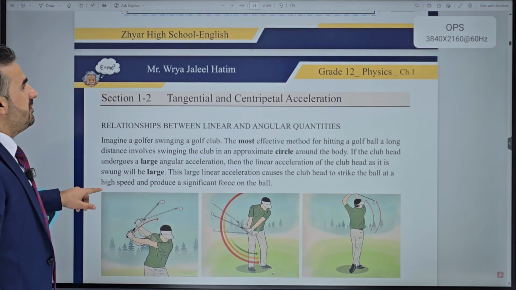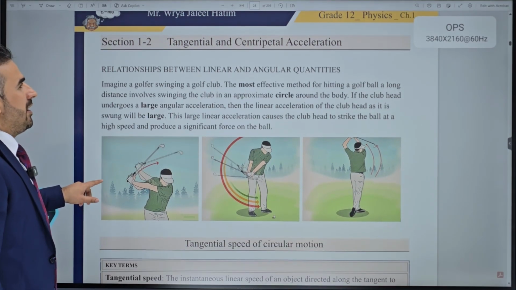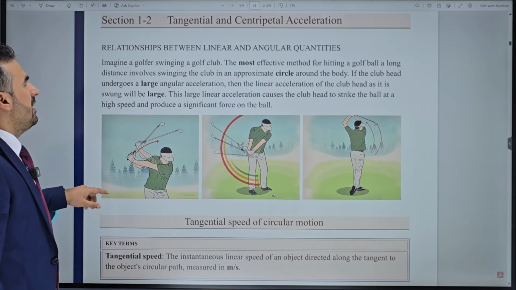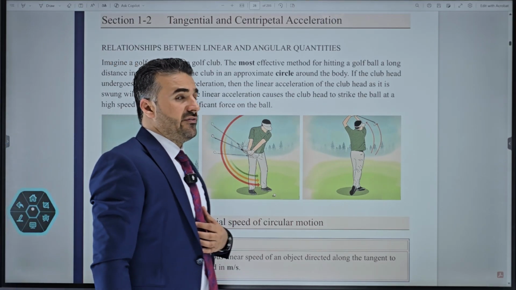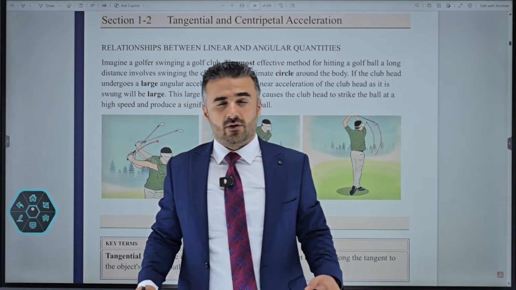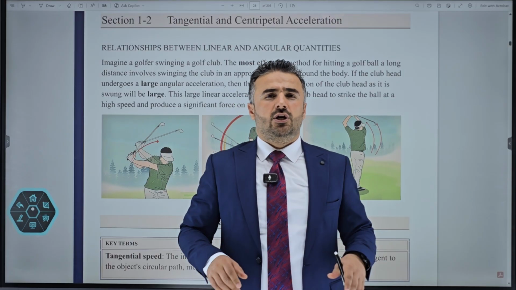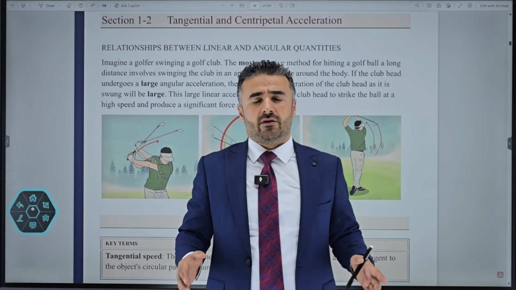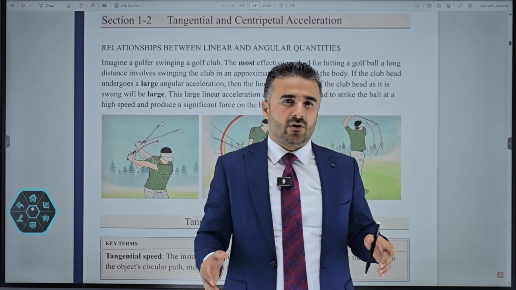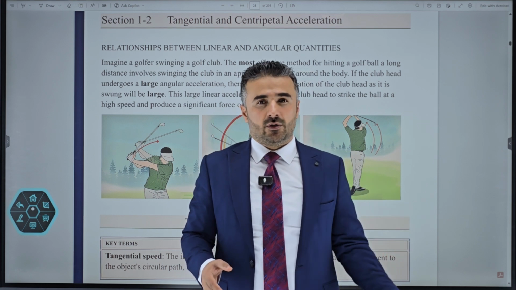That is the end of section 1.1. I hope you understood very well. If not, please make sure you go and review this one more time. Practice all the questions. All right, now one more time, let's very quickly review what we went through today. We said we had the linear quantities and then the angular quantities.